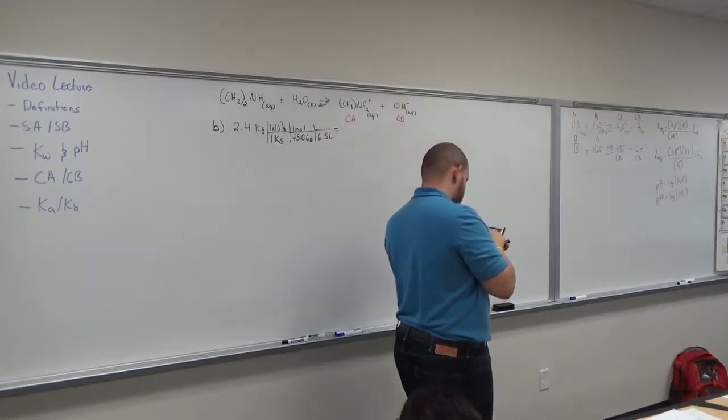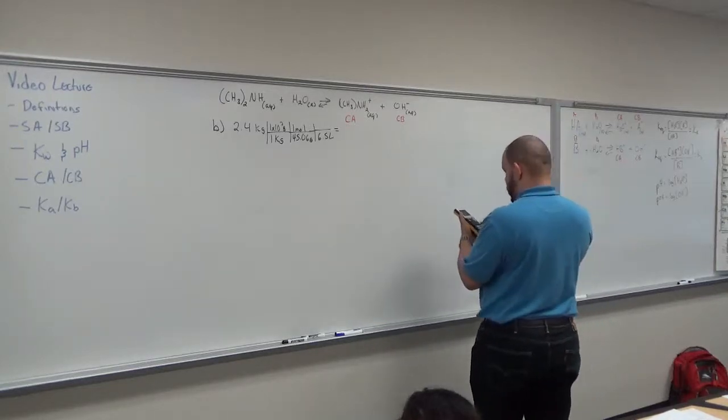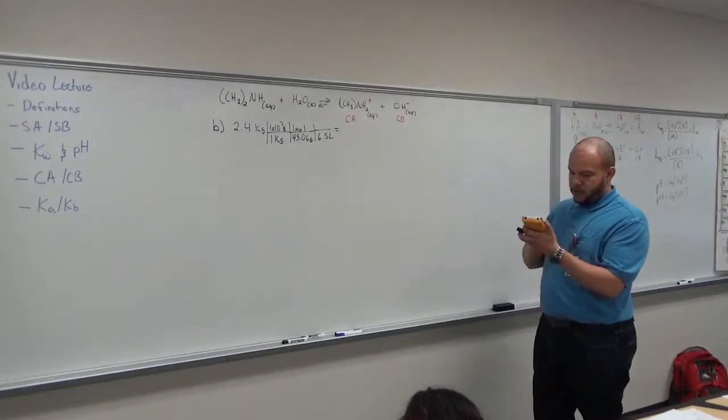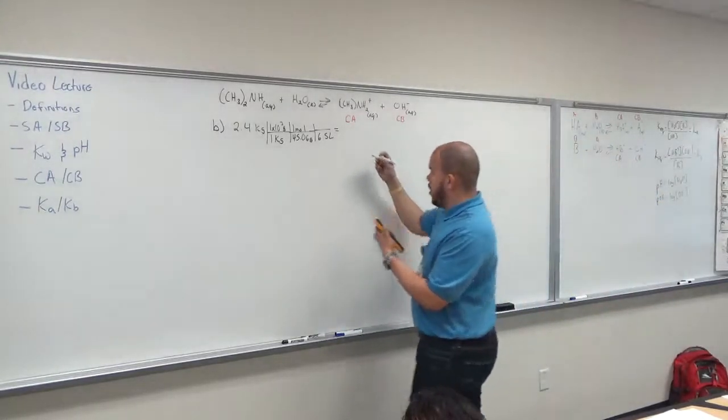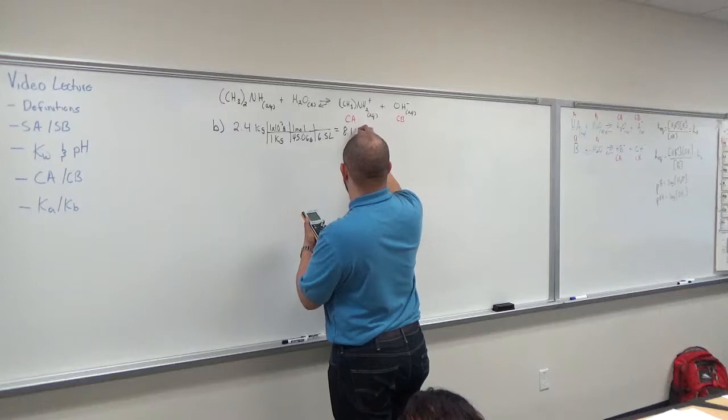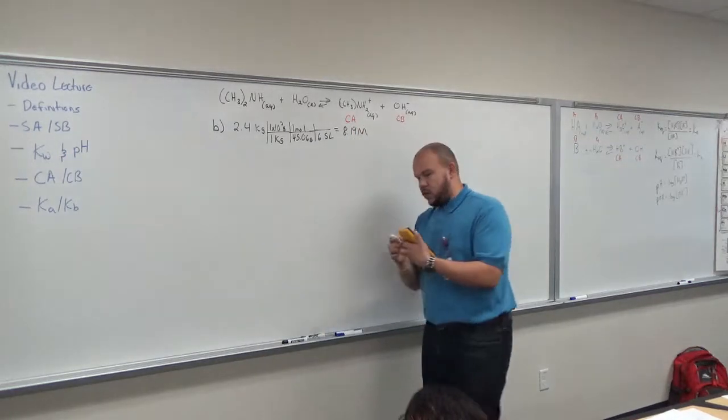So 2.4 e to 3 divided by 45.06 divided by 6.5, and we're dealing with 8.19 molar, extremely concentrated, right?